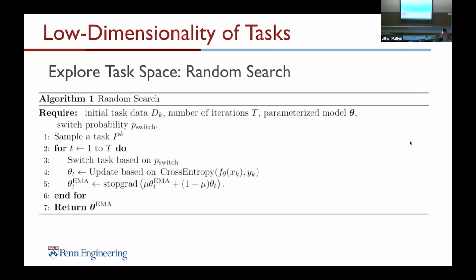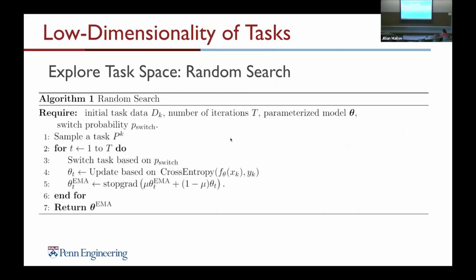And then we try to implement it, right? The first step is to gather all the tasks we need. We propose a simple way to explore the task space, which is just random search. At the beginning of the training, we sample a task from all the tasks according to a uniform distribution.